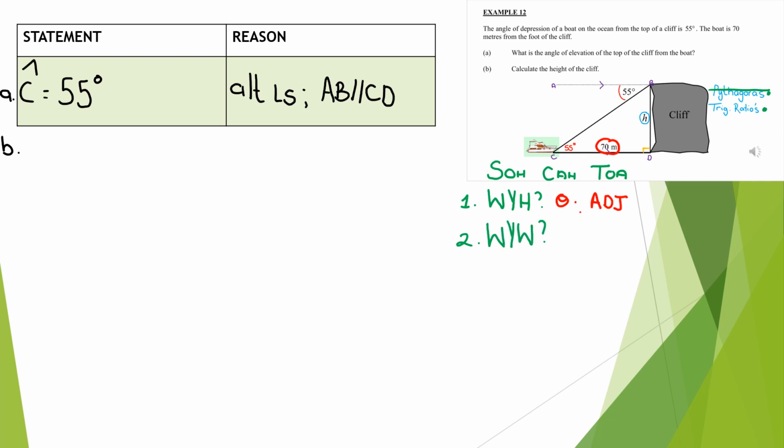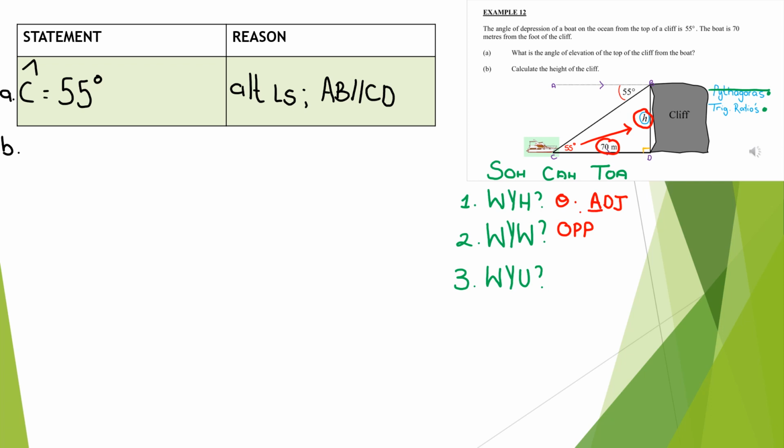Well, the question is telling us what we want. We want the height. So we want, in trigonometric words, the opposite side. Okay, and the final question, using what you have and what you want, we want to know, what can you use? Is it sine? Is it cosine? Is it tangent? Let's see.